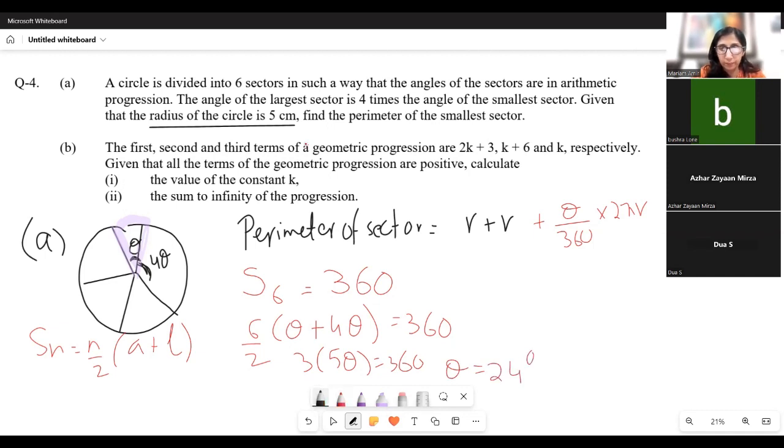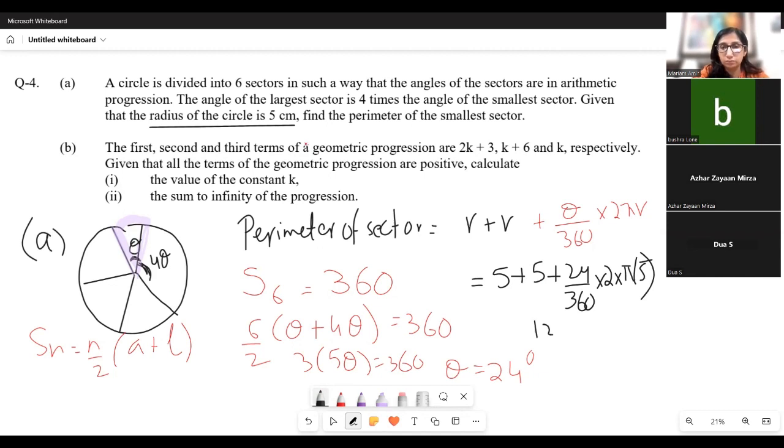So the perimeter is going to be 5 plus 5, so 10, plus fraction 24 over 360 into 2 into pi into 5.